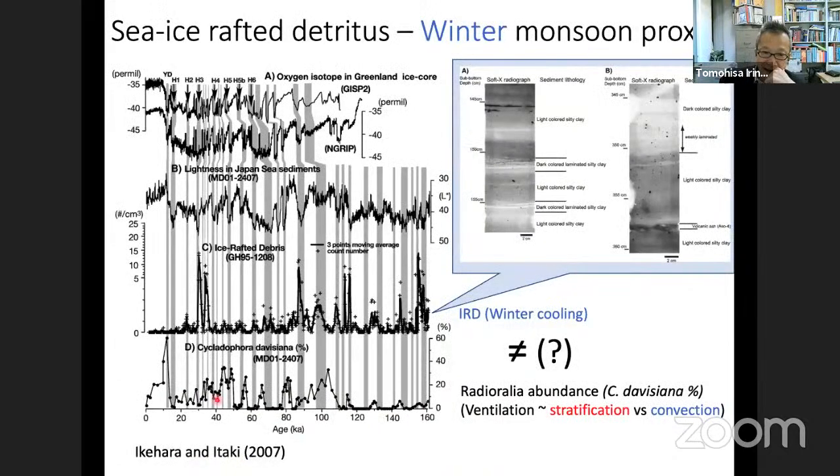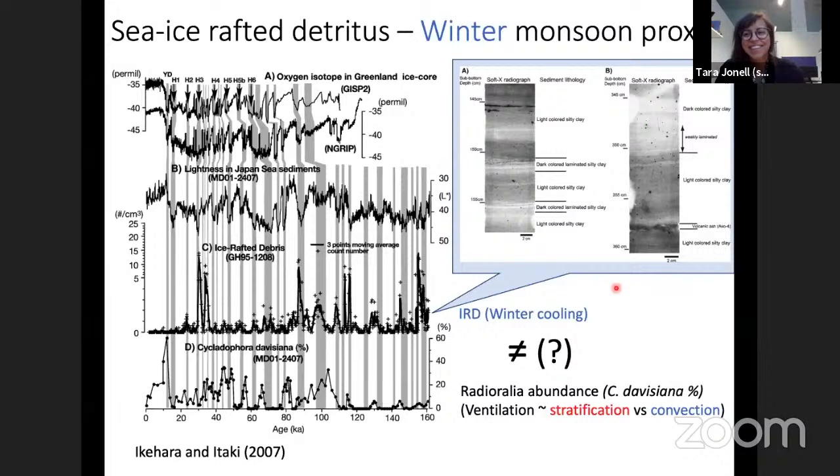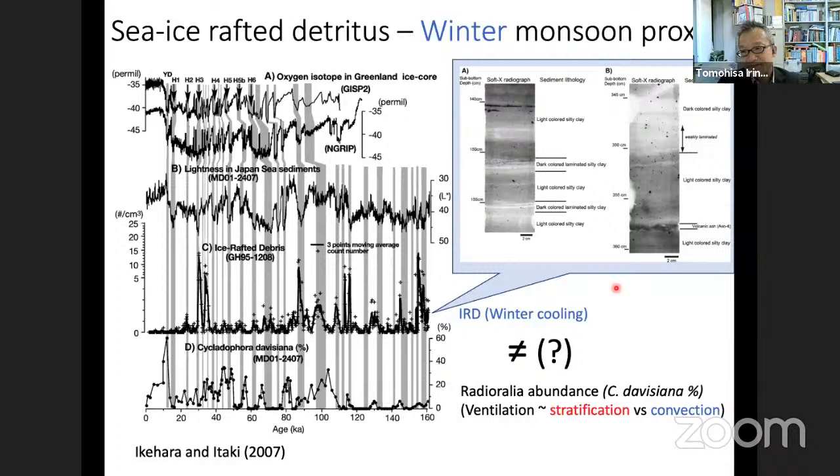The millennial scale behavior suggests it is at least a hemispheric phenomenon, which could be related to Dansgaard-Oeschger polar circulation changes on millennial scales. But on orbital time scales, it just looks like the glacial-interglacial changes. Okay. All right, thank you.